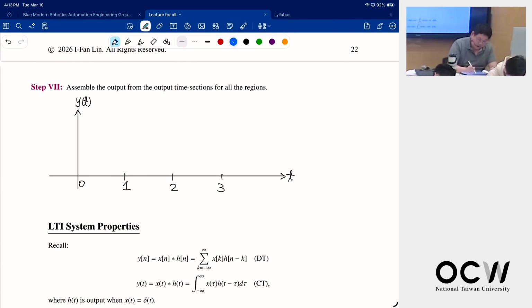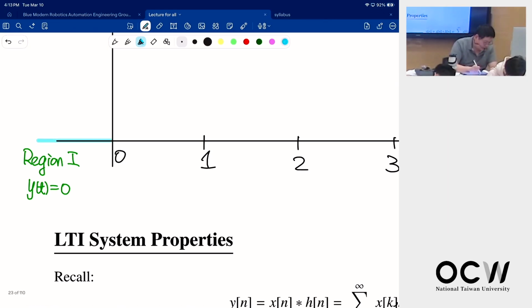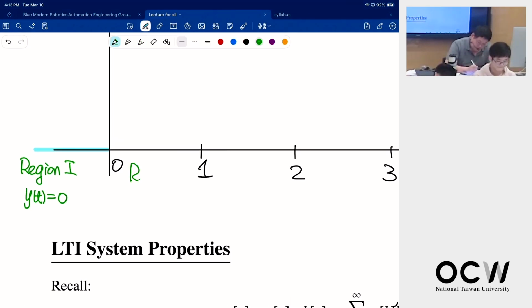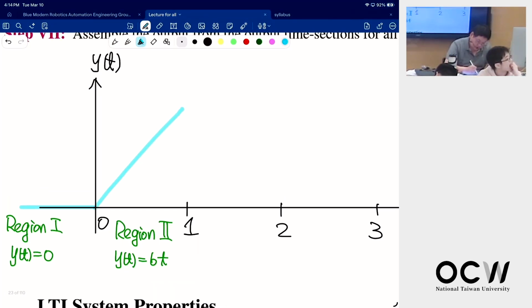So in region 1, when t is less than 0, y of t is 0. So here is just 0. Region 2, what is region 2? Go back to your notes, and you'll see that it is from t between 0 and 1. So here is region 2, and your y is 6t. So 6t is a straight line up to here. Suppose this is 6.